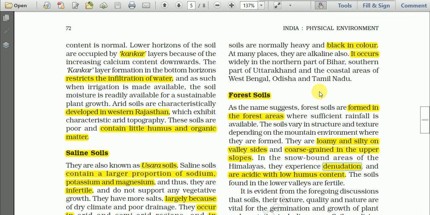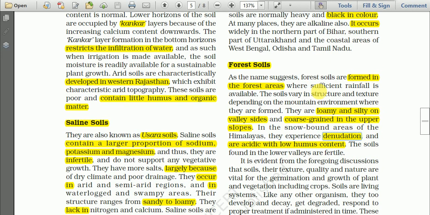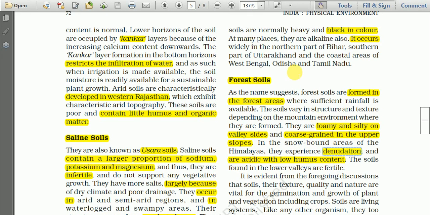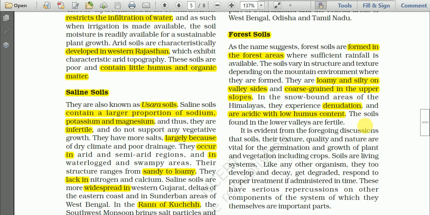If the pH value is less than 6.5, we call it acidic. There was a mistake when I explained about this peat soil. And the soils found in the lower valleys in the mountainous areas are fertile.